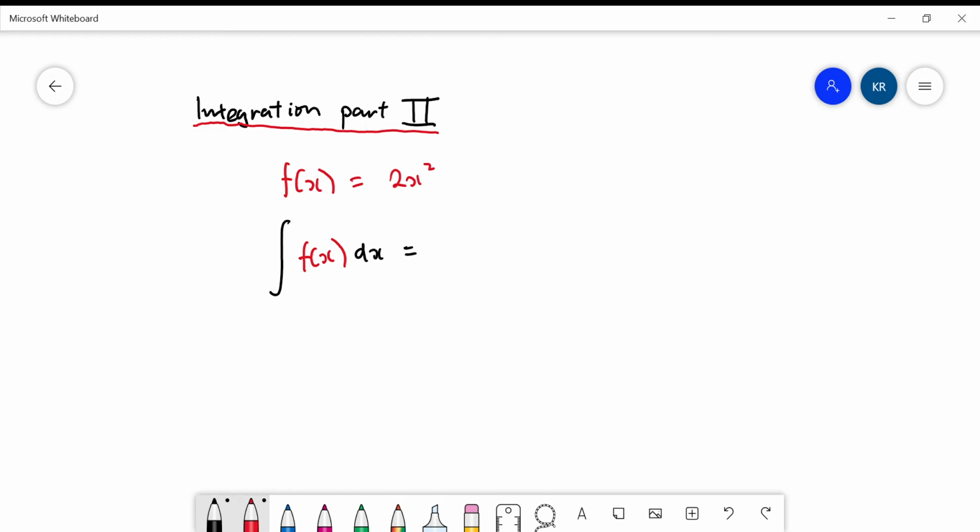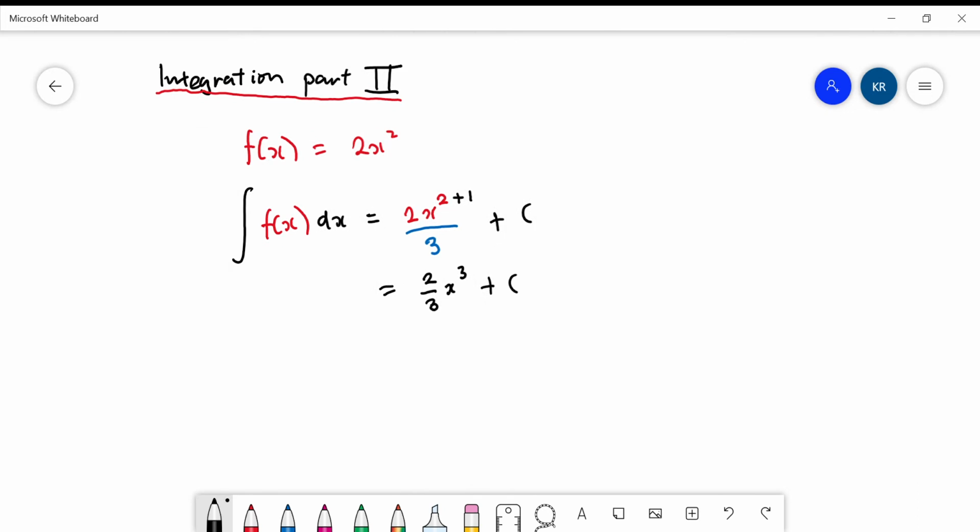So first we added the power, and then we divided by the new power, which was 3, so 2 plus 1 is 3. And we had the plus c, which is the constant of integration. And we would then get 2 over 3 x cubed plus c.